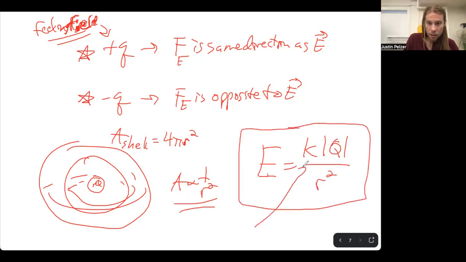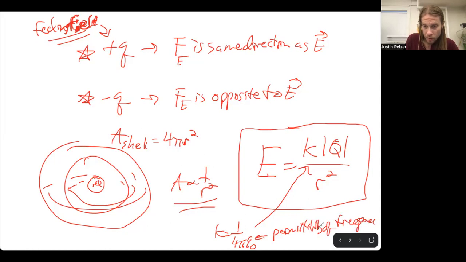And K is actually 1 over 4 pi epsilon naught, where epsilon naught is called the permittivity of free space, which represents how effectively the electric field goes through space.